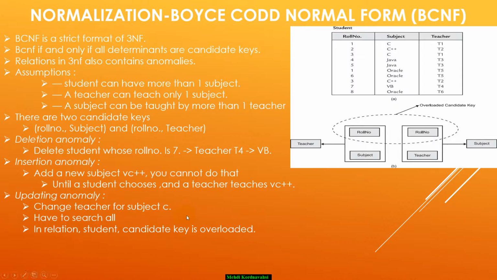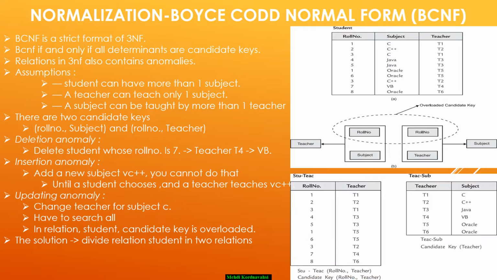So, what's the solution? The solution of this problem is to divide relation student into 2 relations, student teach and teach subject. As you see, we divided one table into 2 different tables.